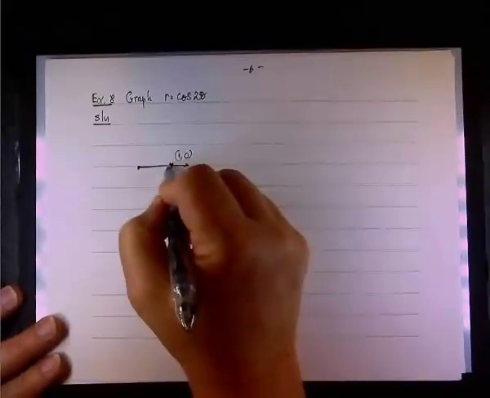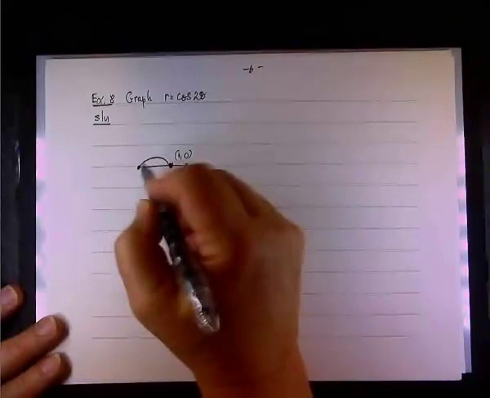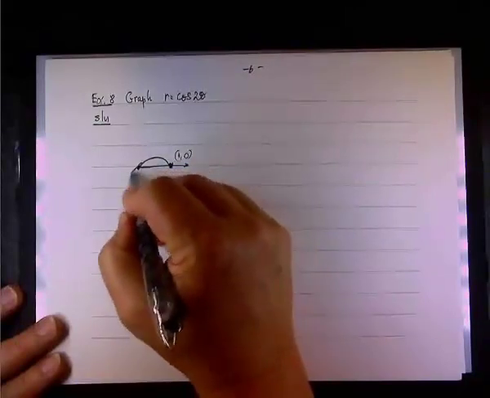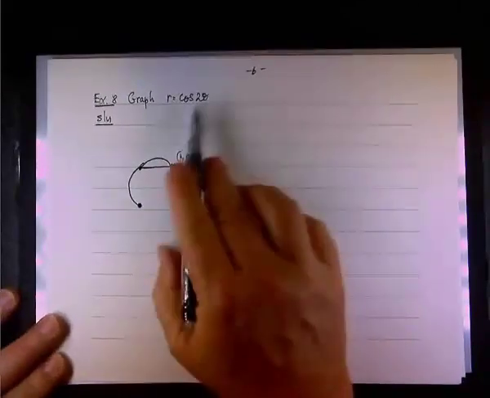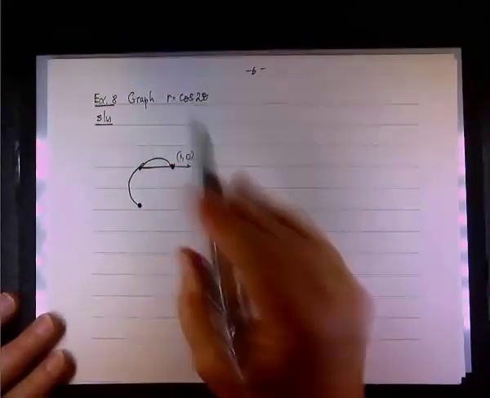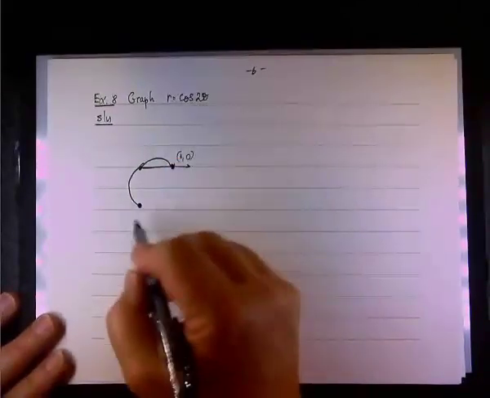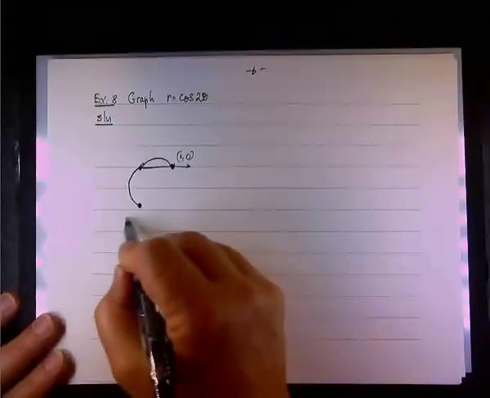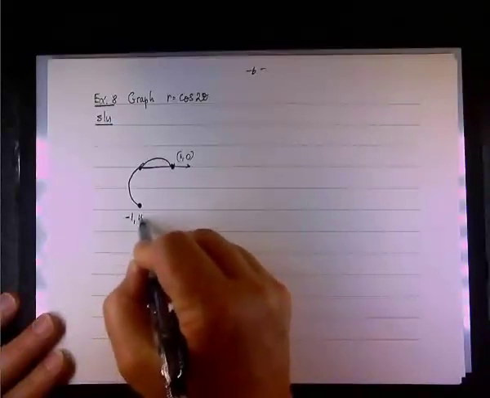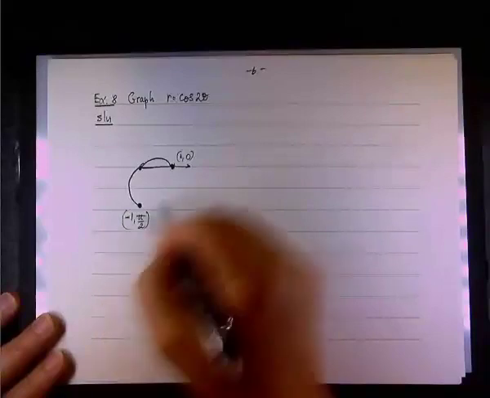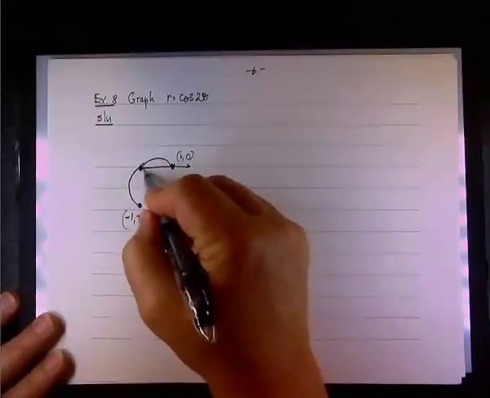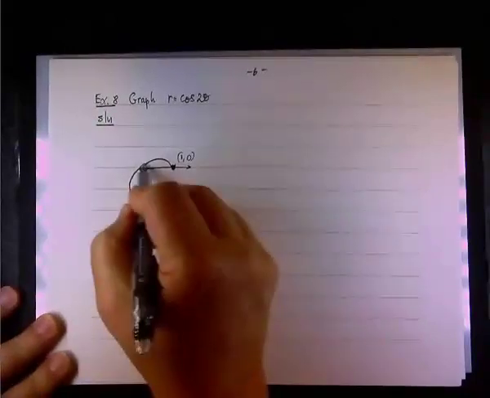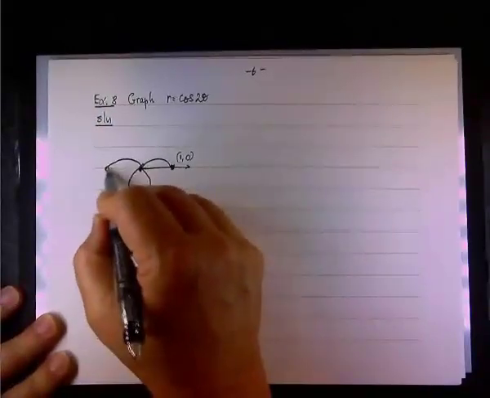We went through the pole and finished right here, and this is pi over 2, so this will be negative 1 and pi over 2. And then we moved and did something like that. We came back through the origin and moved up to here.